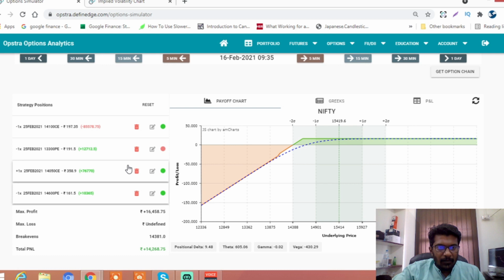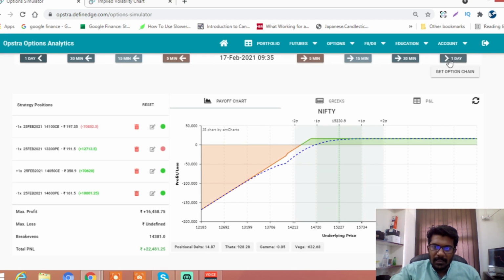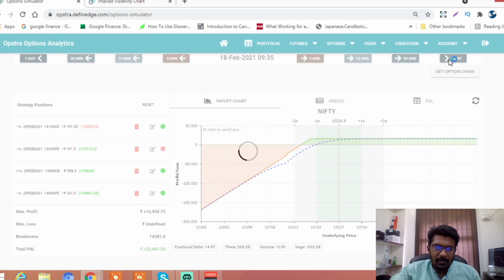After booking profit, we sold another put, the 14,600 put, that is also in good profit. So this should be the ideal time to exit this trade. Now 14,000 is somewhat of a good profit for a margin of around 1.5 lakhs. But we will continue and we'll see where this trade takes us.